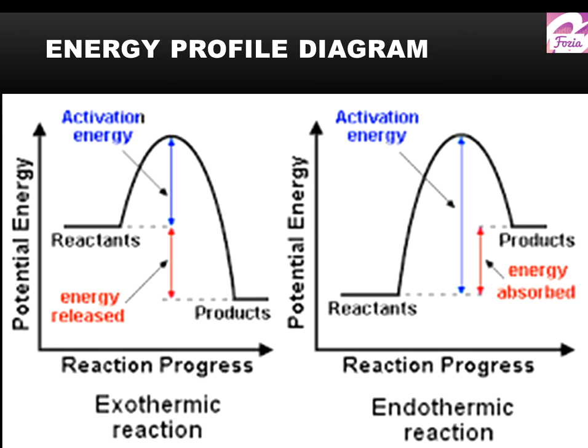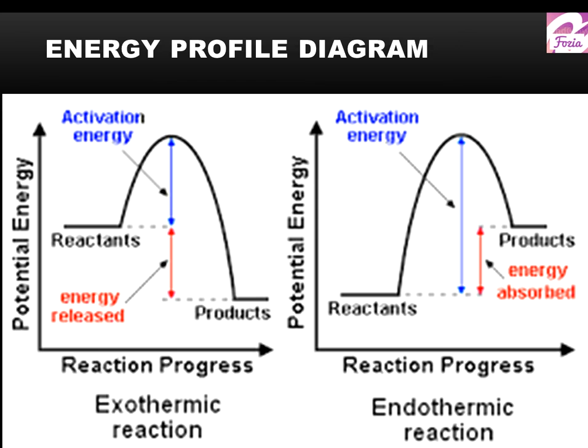So here you are learning a new thing, the energy profile diagram. This is a way to show the enthalpy changes during any chemical reaction, and we also get to know how much energy is required to start or bring about any chemical change.